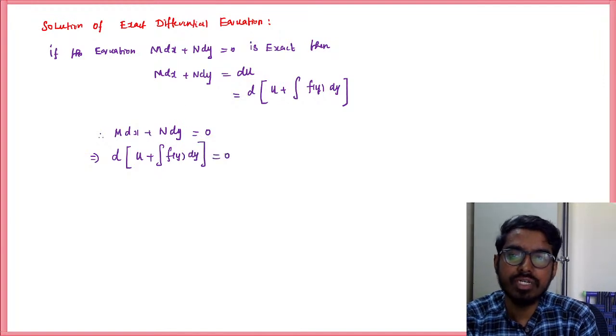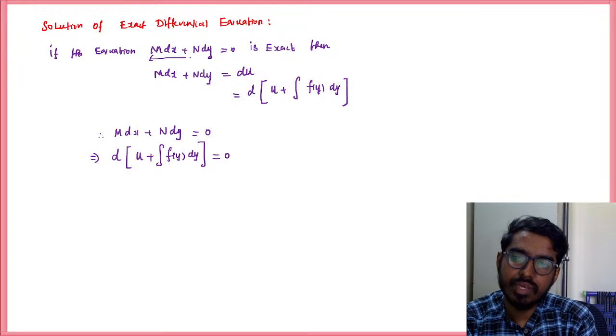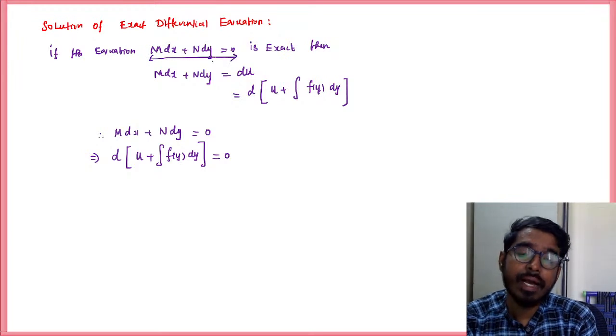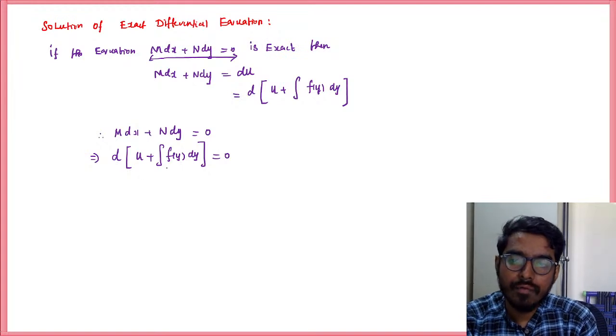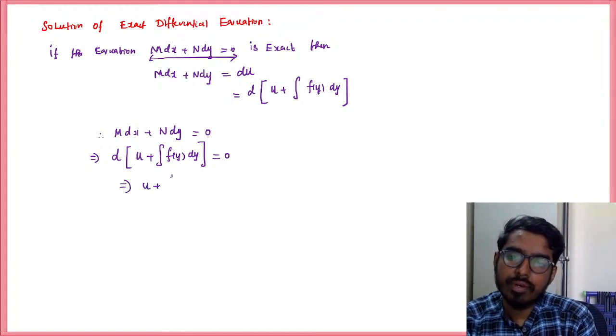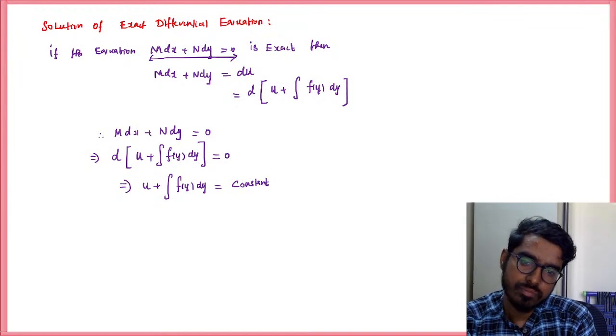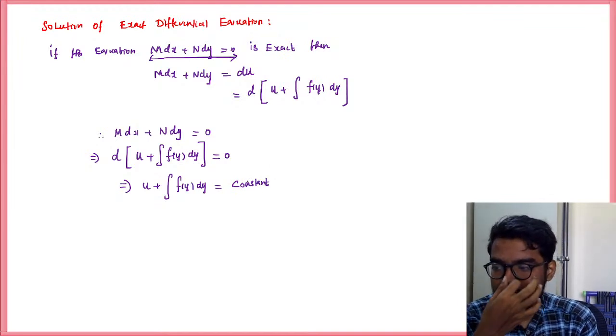We are finding the solution of this equation, and we know this equation is exact. That means the derivative of this is 0, so this is constant. The derivative of something is 0 means it has to be constant. This implies u plus integration of f of y dy is equal to some constant.